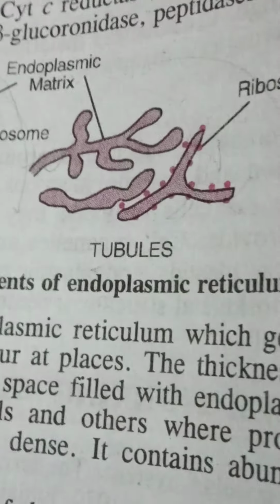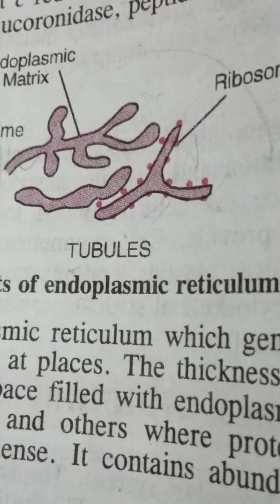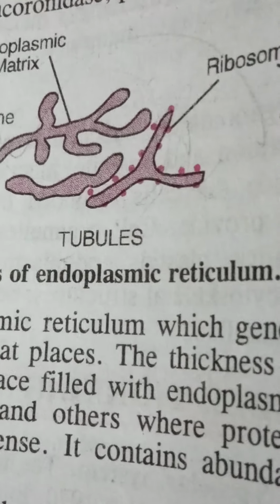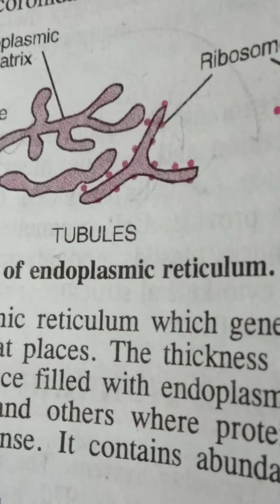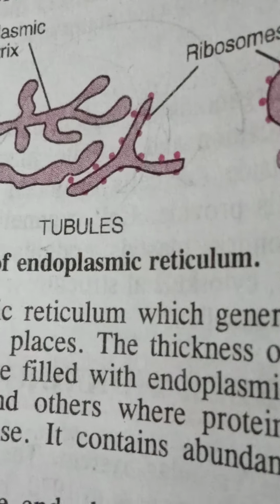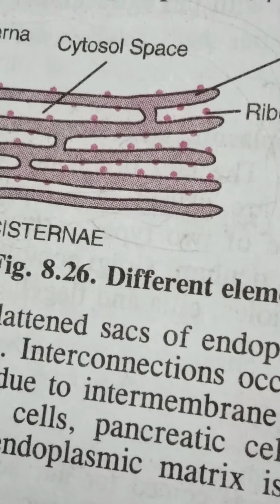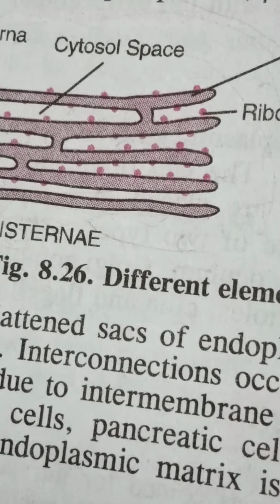Okay, now these particular structures provide a larger surface area inside the cell. They function as the cytoskeleton. Okay, already we are saying that these are skeleton-like structures. Then they act as a means of quick intracellular transport.